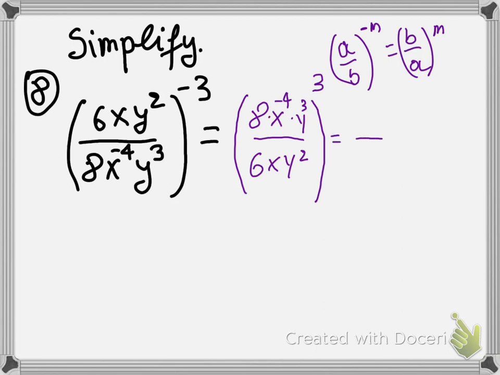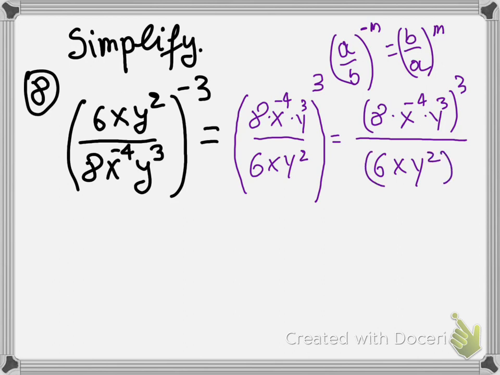Equals 8 times x to the negative fourth times y to the third, all this to the third, over 6x y squared to the third.